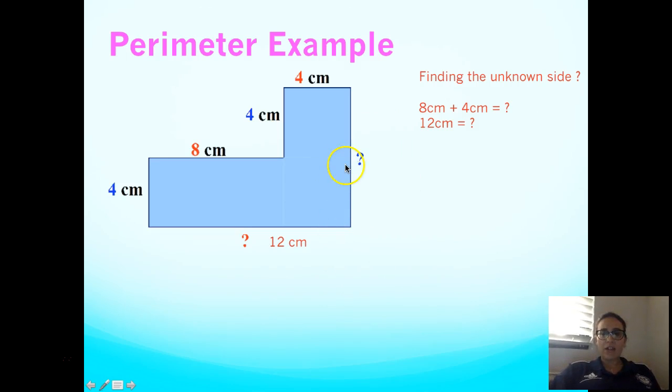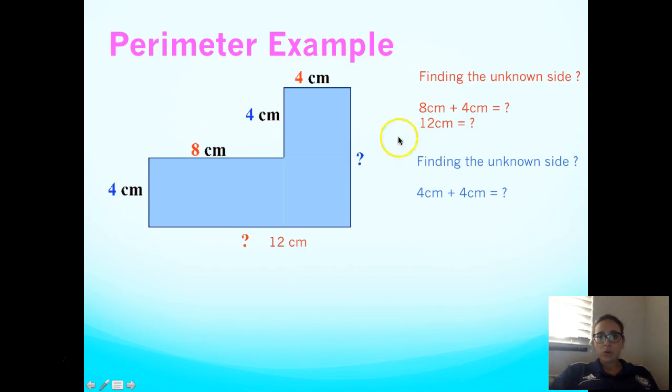Now let's find the unknown side of our blue question mark. Again, this side equals this side and this side added together. So 4 centimeters plus 4 centimeters equals question mark. When you add 4 plus 4, you get 8, and our unit is centimeters. So the blue question mark represents 8 centimeters.